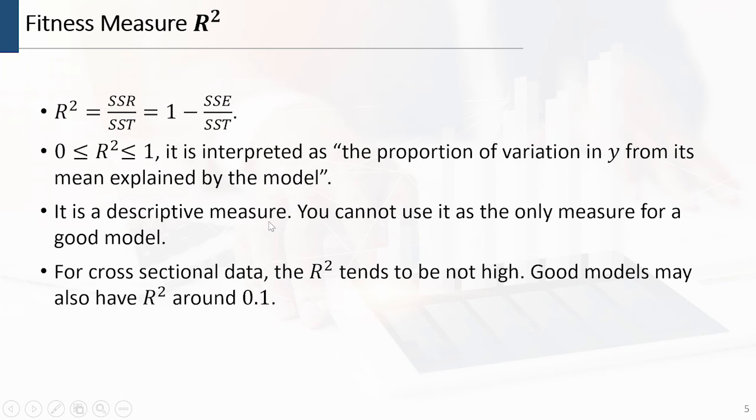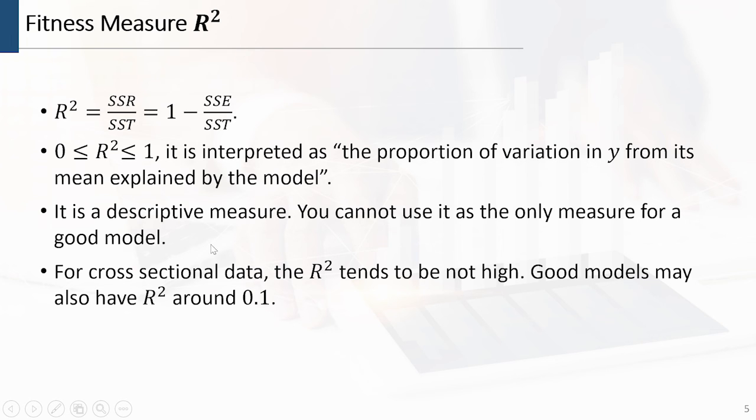Of course, it helps you to see the fitness of the model, but you shouldn't use it as the sole measure of how good a model is. It's not that deterministic of how good a model is.